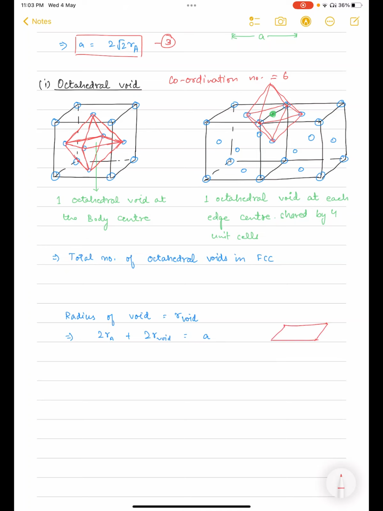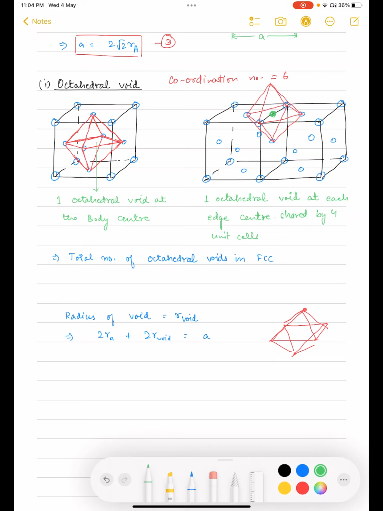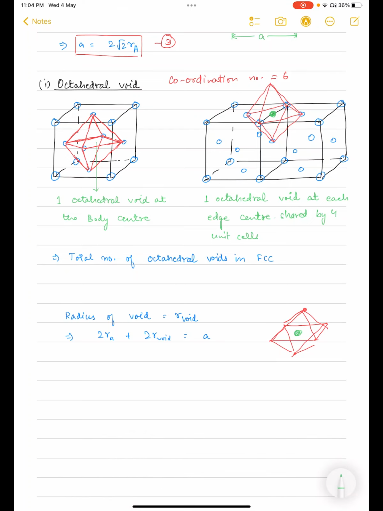These are your atoms, this is your vertex atom. This void is in direct contact with 6 atoms, 1, 2, 3, 4, 5 and 6. For a face-centered cubic, there is one octahedral void at the body center. By joining these, you can see the formation like here.